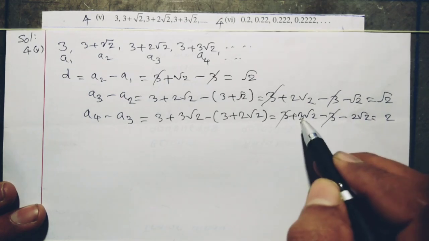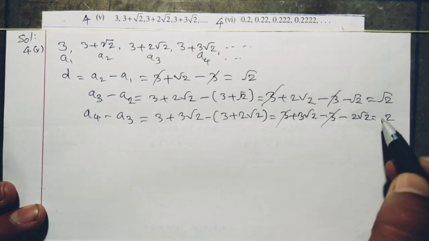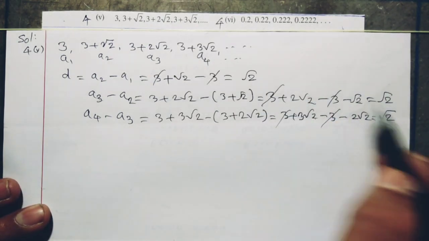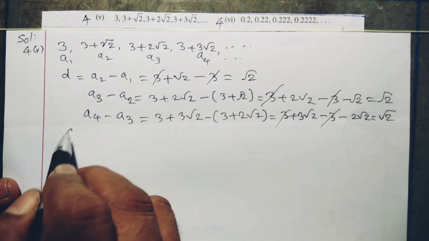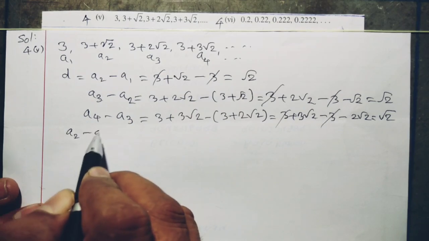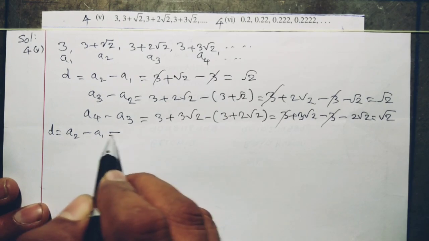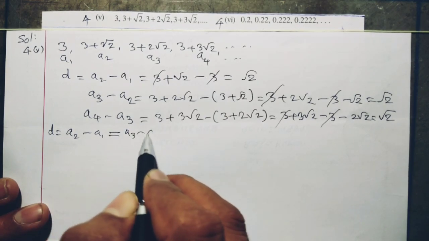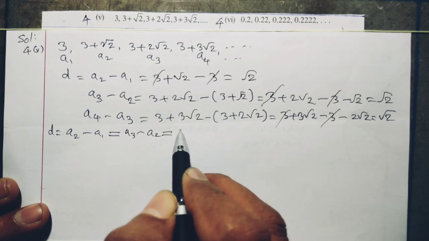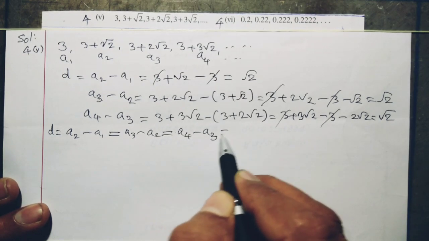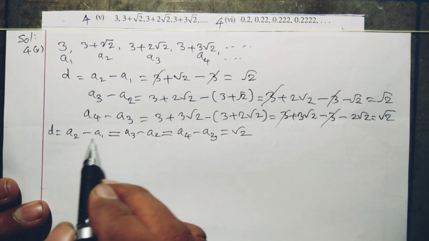Minus 3 plus 3 cancel, leaving 3 root 2 minus 2 root 2, which is root 2. So in all, the common differences are the same. a2 minus a1 is equal to a3 minus a2 is equal to a4 minus a3, which is equal to root 2.